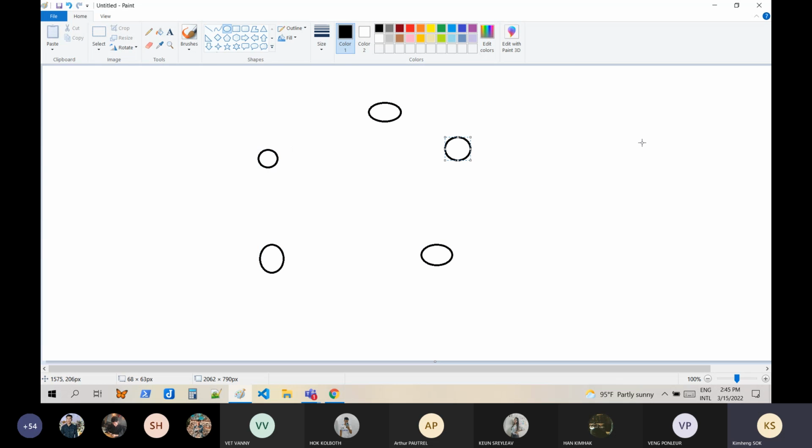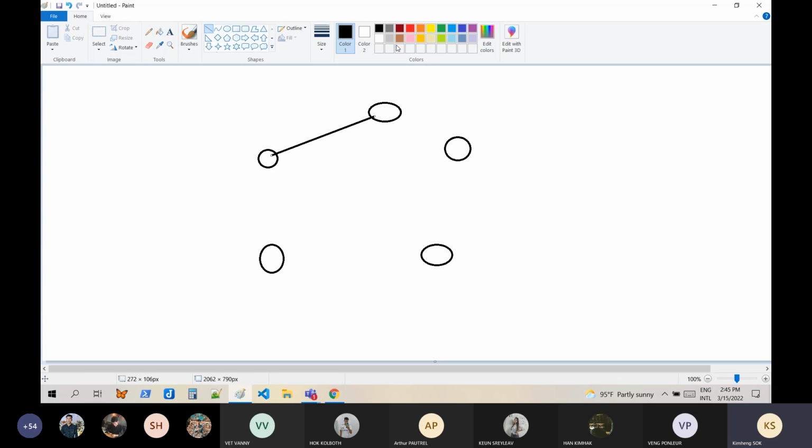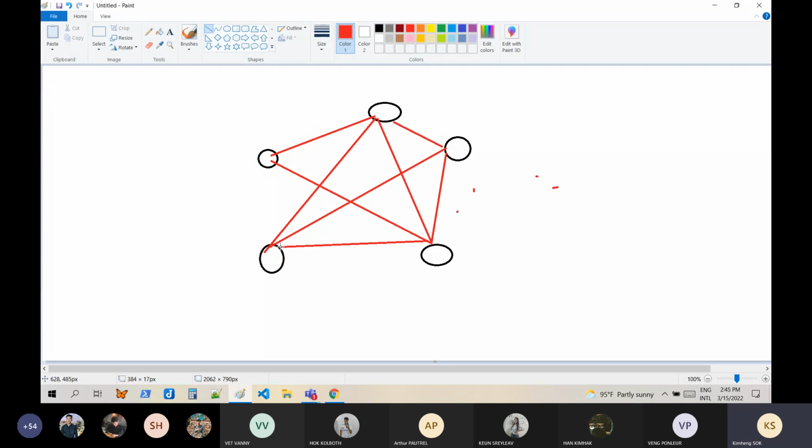In a distributed system, those computers need to talk to each other, so there is communication between the computers like this. When we have 5 computers, how many communications do we have?